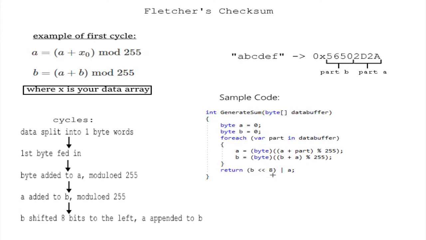We bit shift that 8 places, so it is now a 16-bit integer padded with 8 zeros on the right, and we append A in that blank space. This returns our final 16-bit checksum composed of 2 8-bit parts. Very interesting, I think.